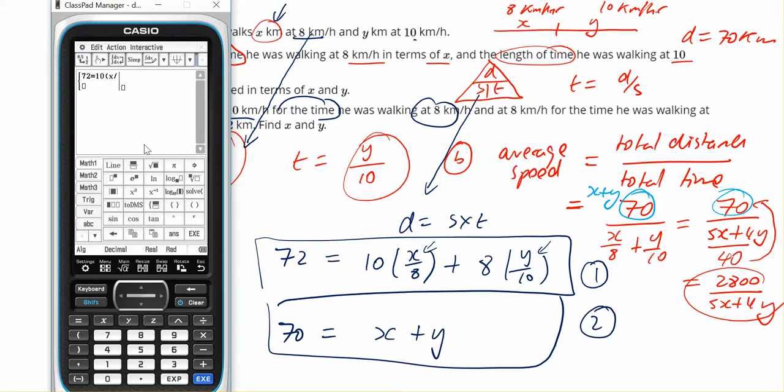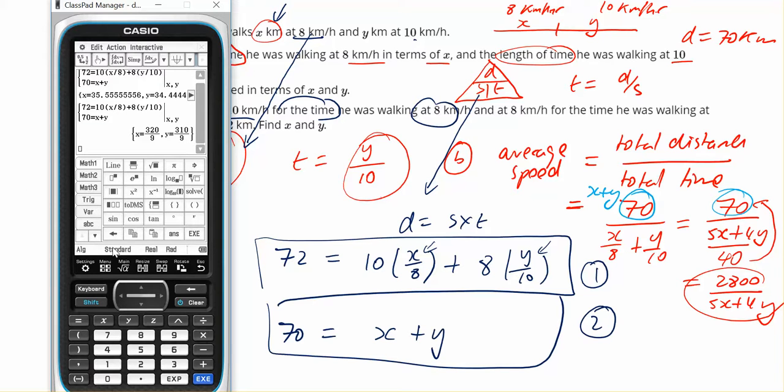So x divided by 8 plus 8y divided by 10. So don't bother even rearranging it because you don't need to. The calculator can sort it out. 70 equals x plus y. And then you're solving for x and y. Enter. Now, I do want exact answers, so I'll leave it like that.